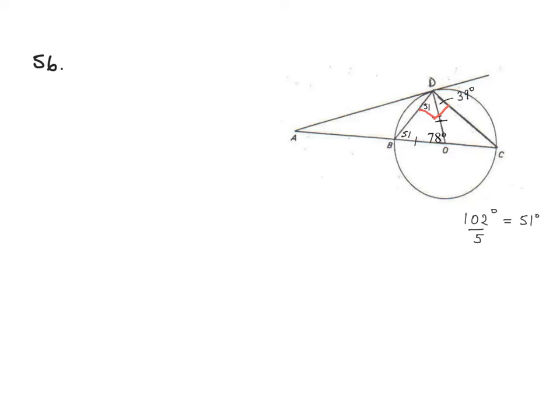This is a radius and this is a radius, so this angle in here must be 39 degrees as well. The triangle is isosceles. 39 and 39 give us 78. 78 from 180 is 102 degrees.